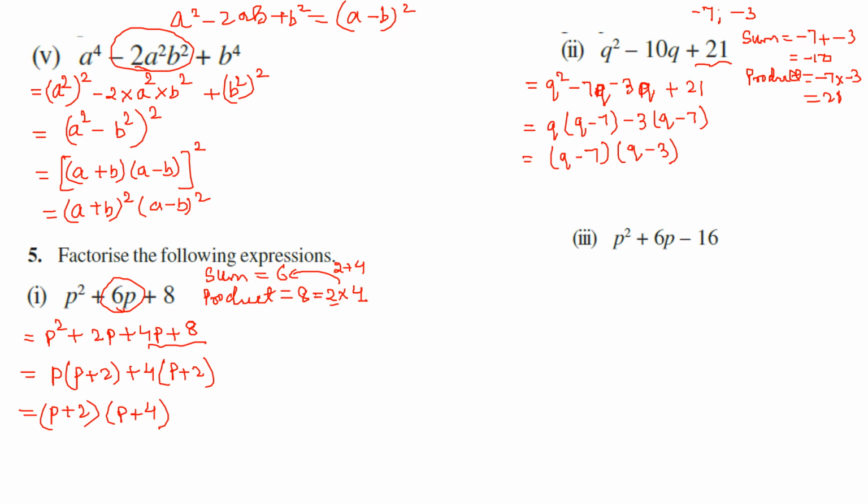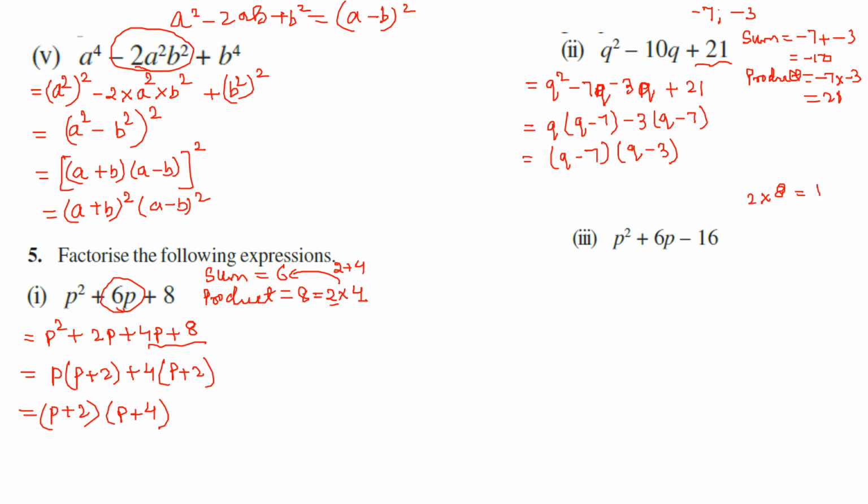Now the next question, p square plus 6p minus 16. So here also you have to find out two numbers whose product will give you minus 16 and whose sum will be equal to 6p. So I know that in the 2 table, 16 comes. 2 times 8 will give me 16, isn't it?